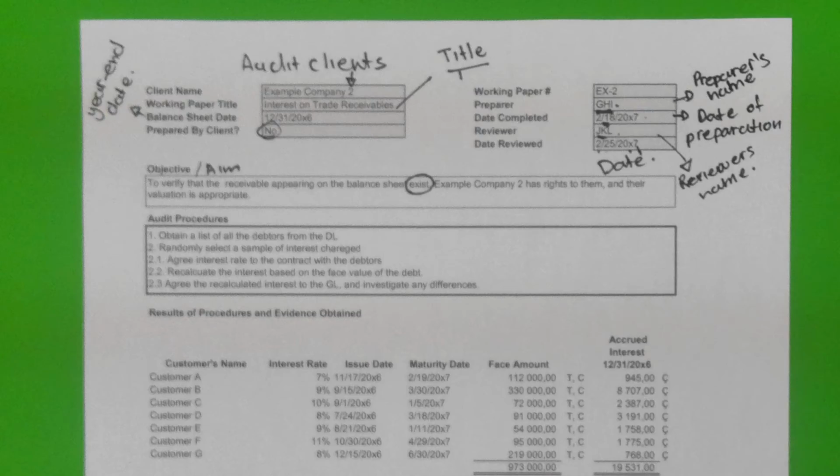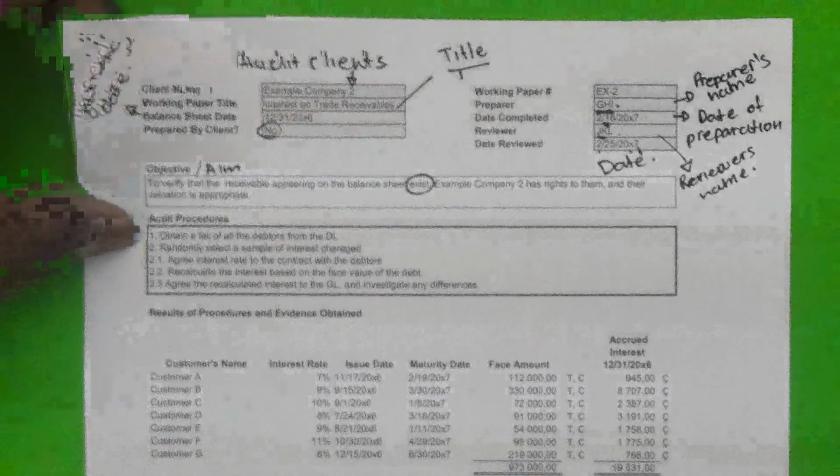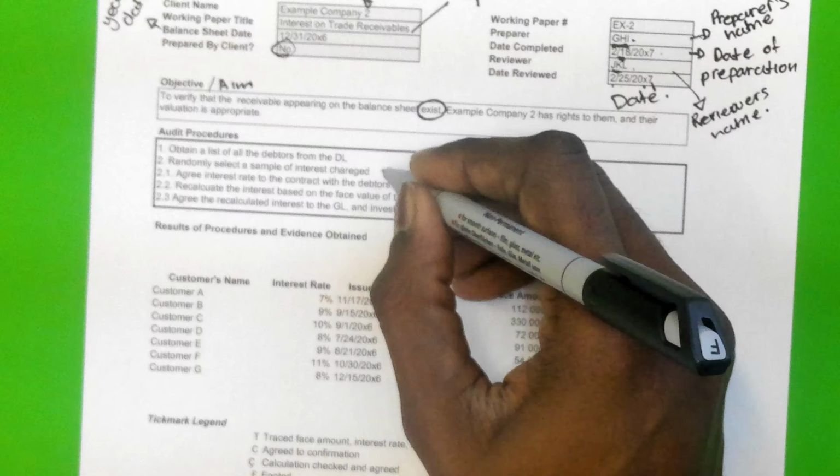Then we move on to the next part of the working paper, which is the audit procedures. Now, audit procedures are critical because, firstly, we want to know what we're looking at and what is being done by the trainee. We want to look at the audit procedures, but also it tells us how these audit procedures relate back to that assertion, right?